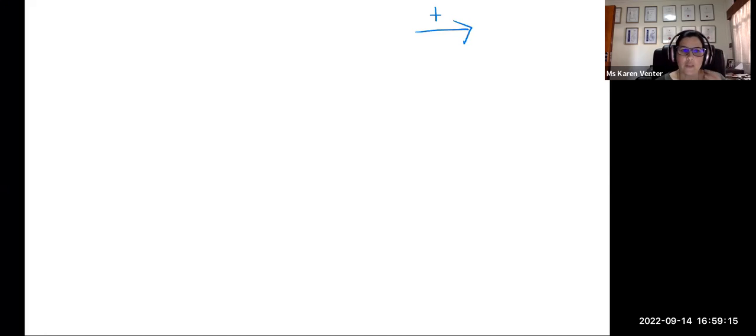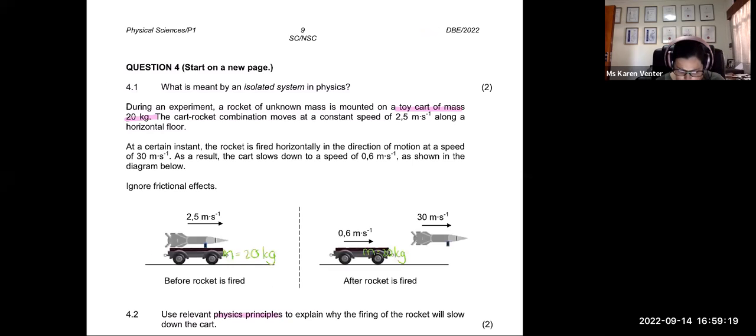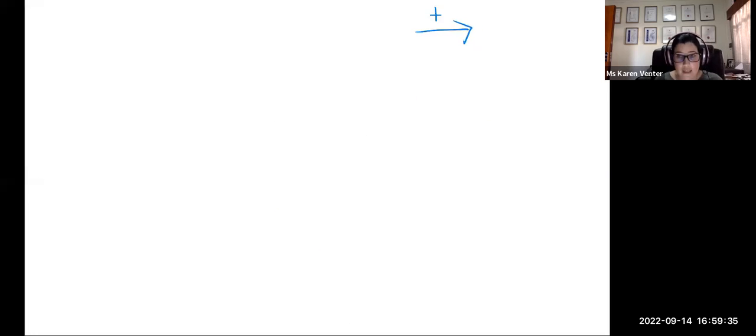Now, because the velocity before the time is to the right, this is going to be a positive 2,5. After the rocket has been fired, they are still both moving to the right. So this is also going to be a positive 0,6 and a positive 30 meters per second. So in this case, we are very lucky because the direction remains the same.